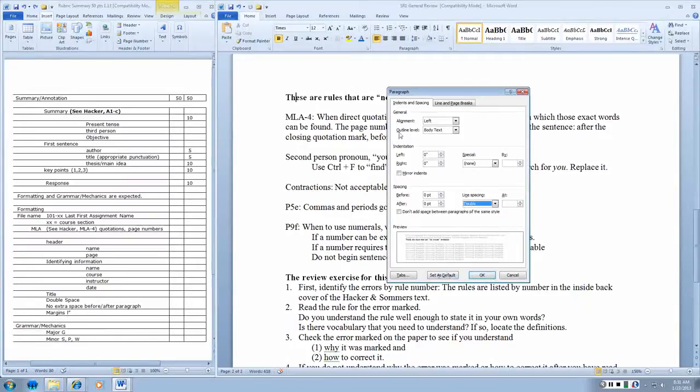Make sure that you wait until after you have inserted your name and identifying information at the top before you use this function to automatically indent the first line.